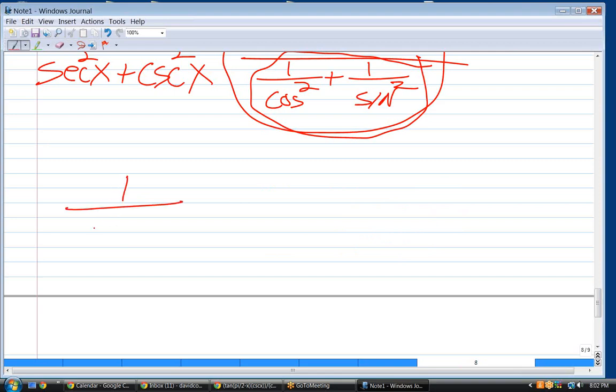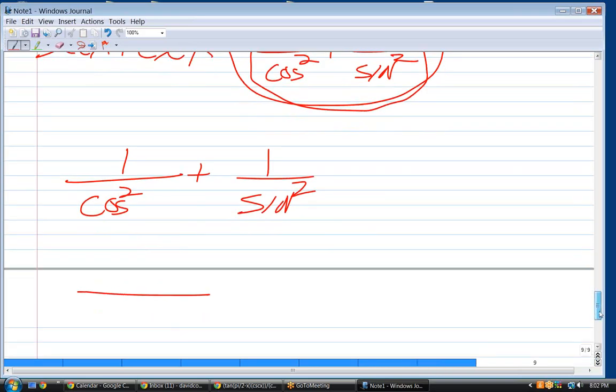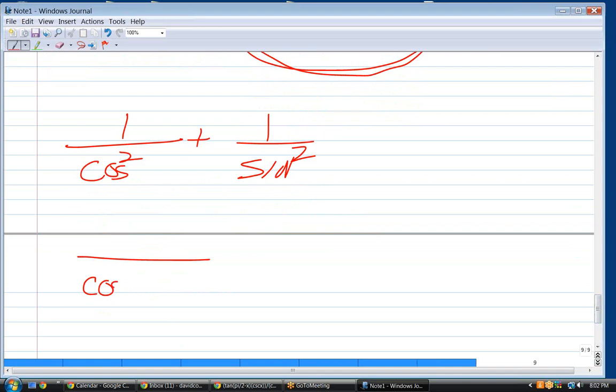I'm adding 1 over cosine squared to 1 over sine squared. Well, I know the common denominator is the product of those two. So it's cosine squared sine squared plus same common denominator over here.